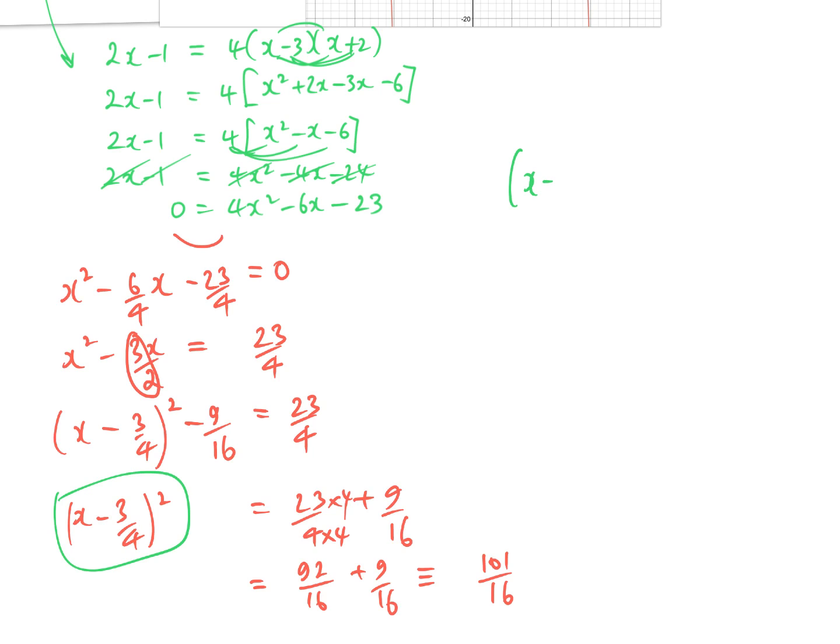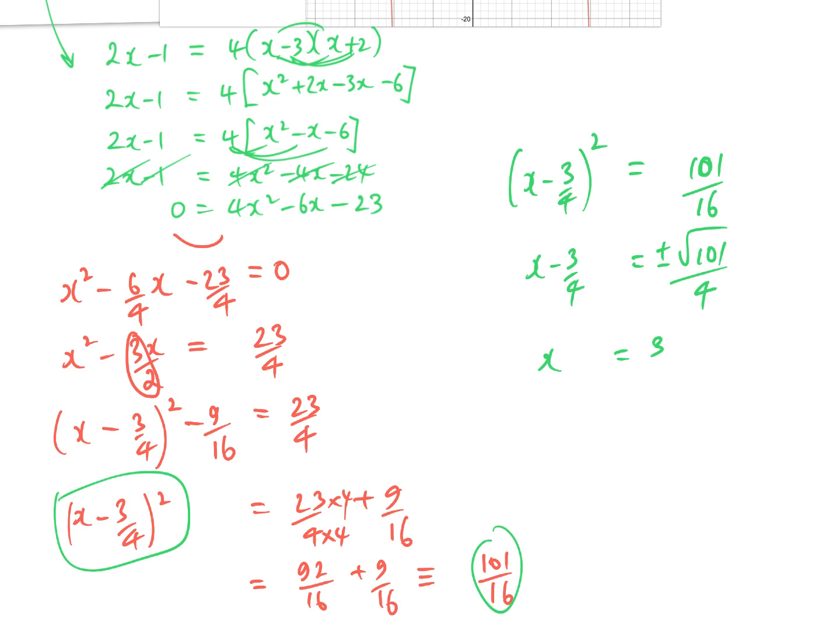Well, I've got x minus 3 quarters all squared equals 101/16. I'm going to square root both sides. And don't forget the square root can take on a positive or negative value. I'm then going to add 3 quarters to both sides. And that will give me the answer here.